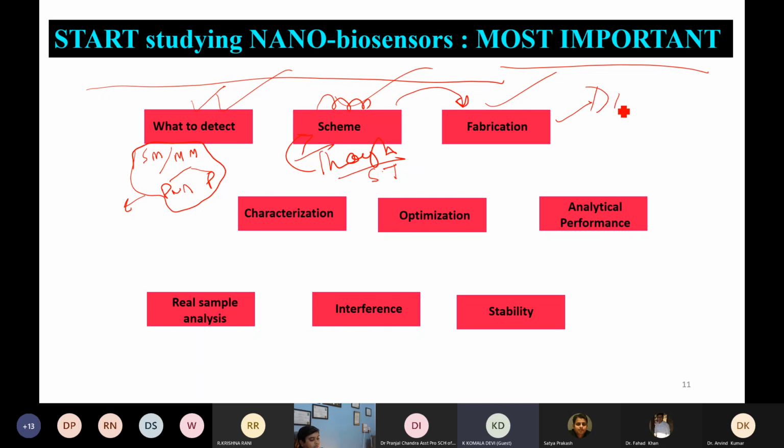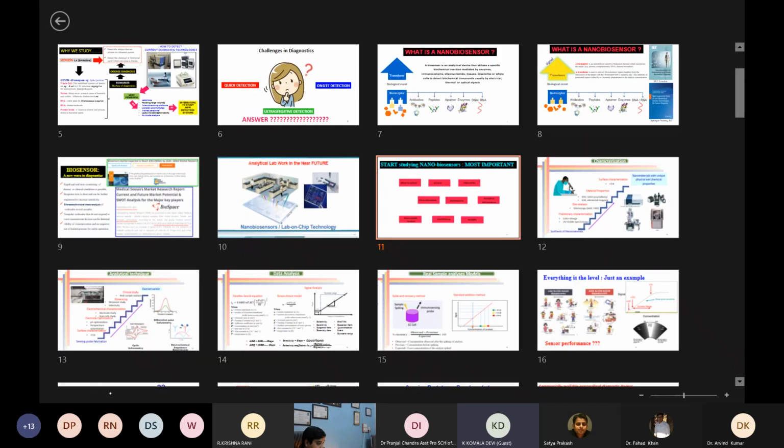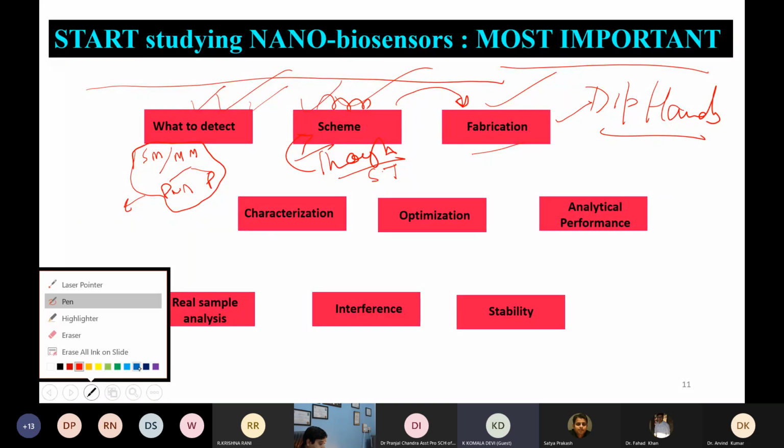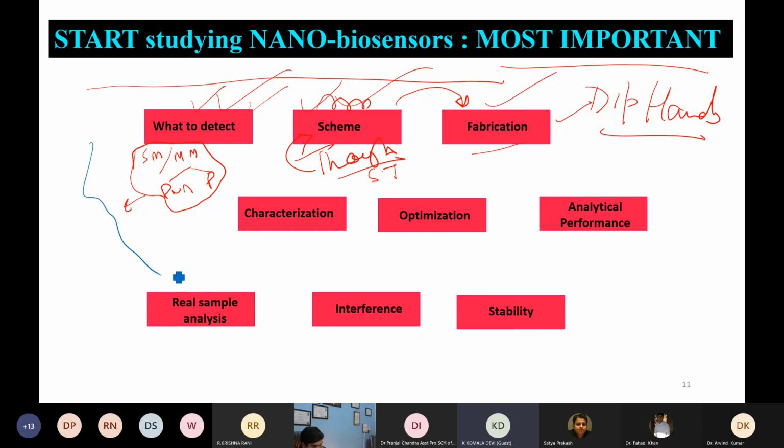Here you have to think, but here you have to do. So in this case, we have to think, and in this case we have to do.